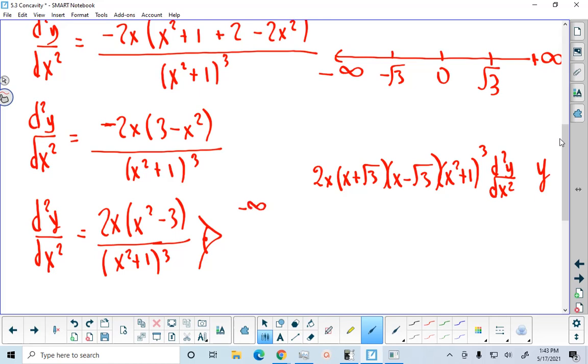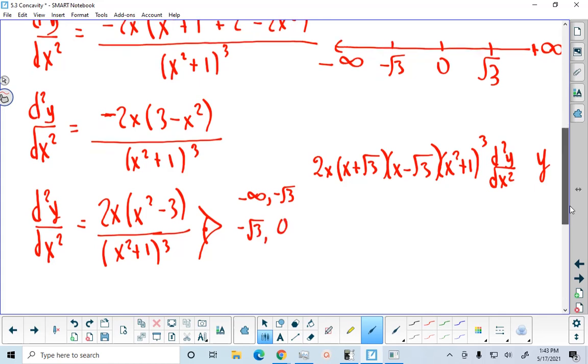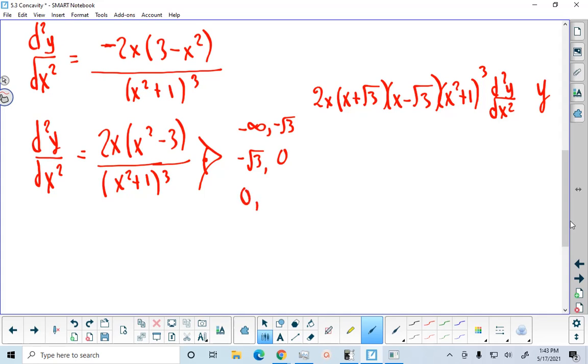Negative infinity to negative root 3, negative root 3 to 0, 0 to root 3, and root 3 to infinity. I'm really glad that we went with this second derivative as opposed to the one above it. Dealing with that negative and everything else being opposite for the linear factors would be troublesome. 2x is negative whenever x is negative. 2x is positive whenever x is positive.